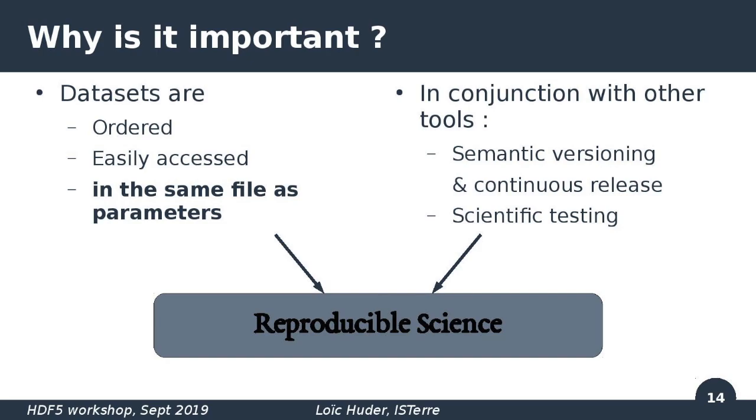If you look at a computation done with a certain version, you know exactly what the state of the algorithm was at that version. It can also be combined with scientific testing and continuous integration, so that you do not introduce any regression when you are improving your algorithm, in this case the data assimilation algorithm.